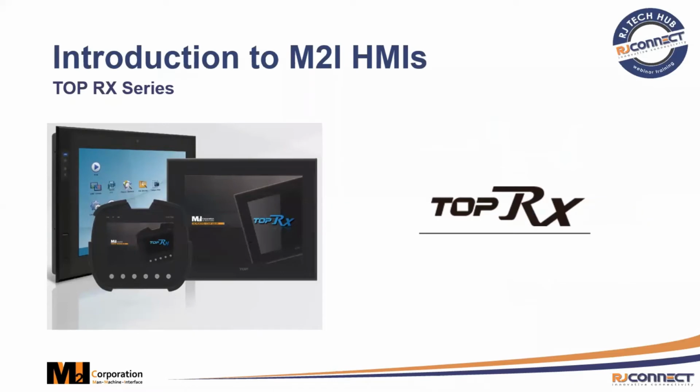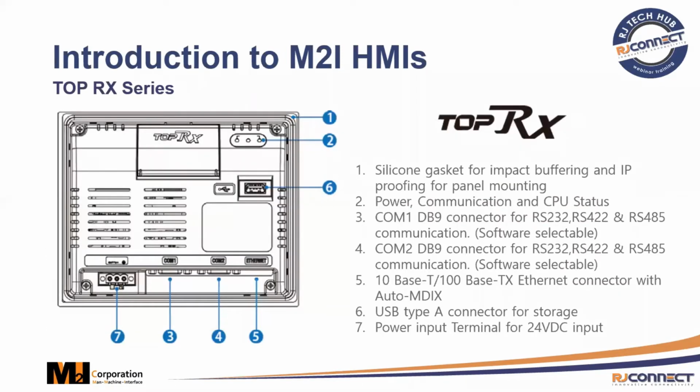And then we get to our Top RX series, more of a mid-range HMI. Let's take a look at the back part of the HMI. So we've got a silicon gasket for impact buffering, as well as IP proofing for panel mounting.